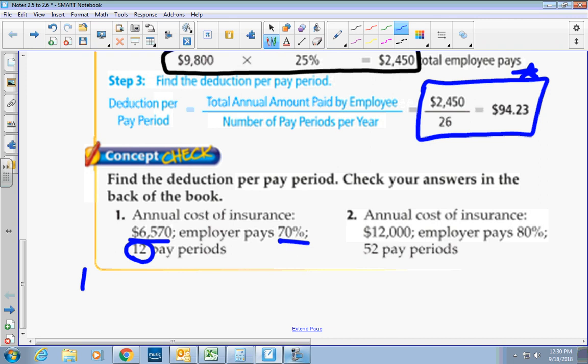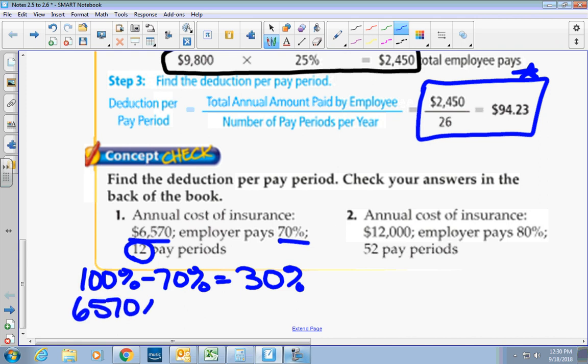So the first calculation is the 100% minus the 70%. I can do that in my head. That's 30%. Then we take 30% and we times it by our annual cost for health insurance.